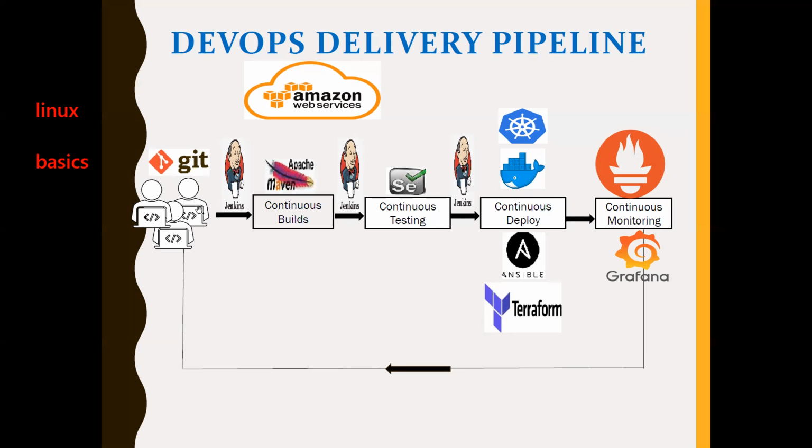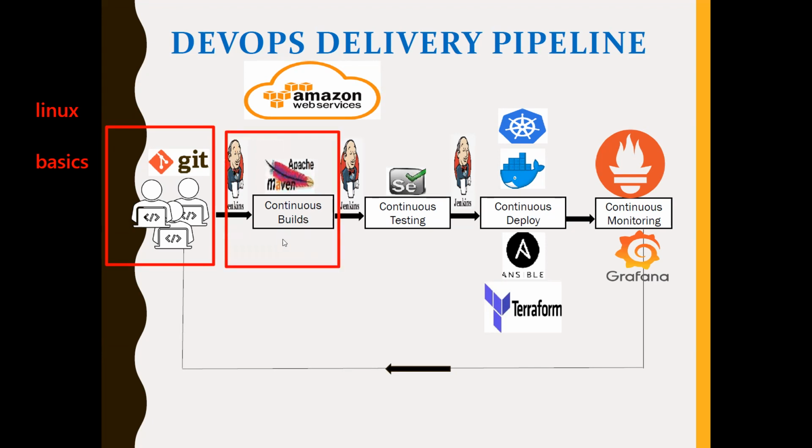It's not that you just learn the tool and go away. We will learn the tool and zoom into each section. Let's suppose tomorrow I'm going to start Git. We will zoom into this section, learn Git from basics till advanced, then integrate it in the pipeline. Then we'll learn Jenkins again from basics to advanced and integrate it here. Step by step, this pipeline creation will take more than a month.